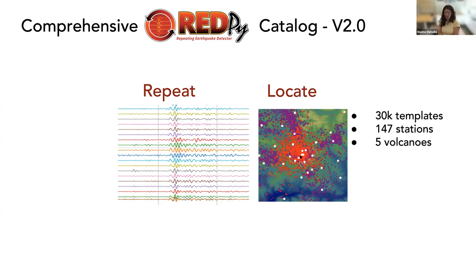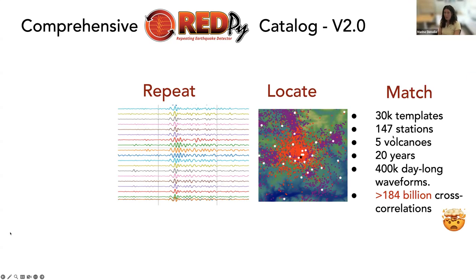We actually don't quite know what they are. We're also trying to repeat this detection, re-data mining of the data by using all these templates and fingerprints. And it's a lot of cross correlations. So despite using GPUs, these things still take a lot of time. But this is the biggest cross correlation job I think my group has been running.